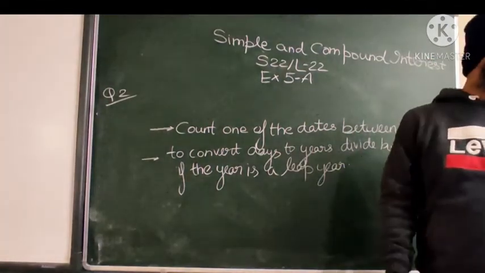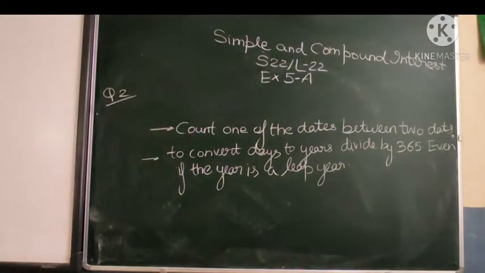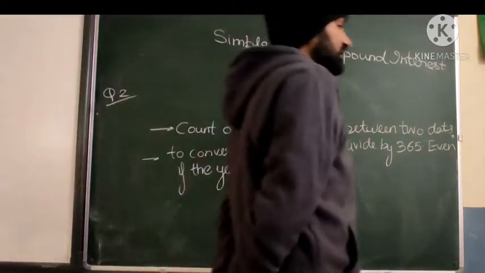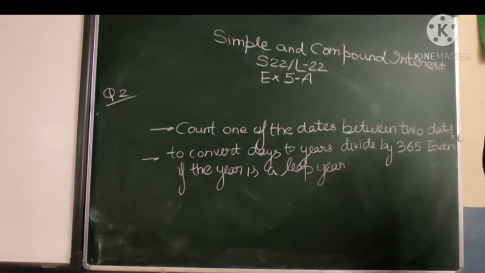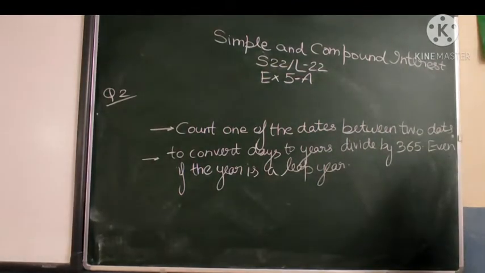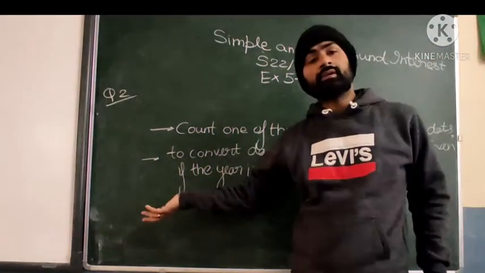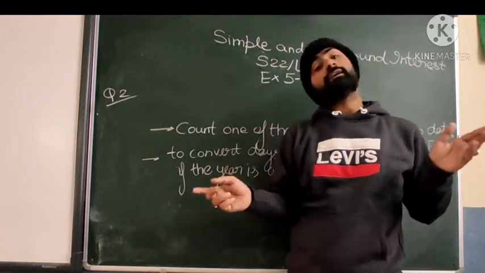What is the first point? Whenever the time is given between two dates, you will consider either the initial date or the final date. Don't take both the dates. Suppose it starts from 27th May to 15th March, then either take 27th May or 15th March. Don't take both the days.